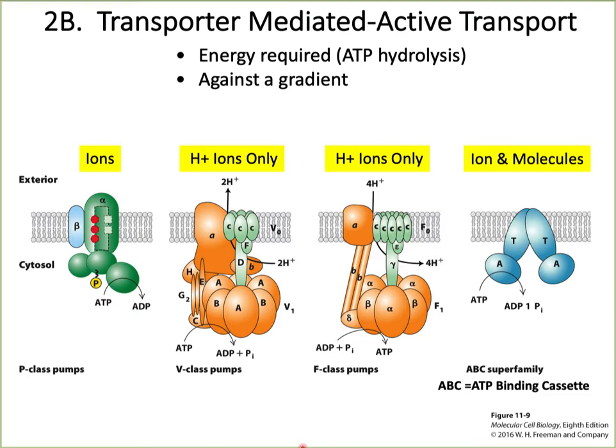Please note that we classified ABC proteins as pumps, but ABC transporter is the more correct name. Why? Because although the ABC transporters will always require ATP to operate, they may not transport molecules or ions against the concentration gradient, but down the concentration gradient. In that sense, not all, but some of these ABC transporters are channels and not a pump. An example of this is the CFTR channel that we will discuss in a minute.